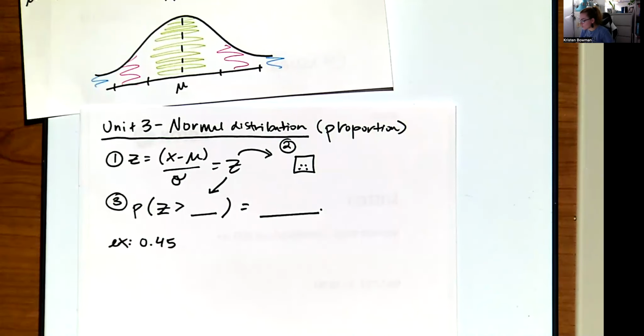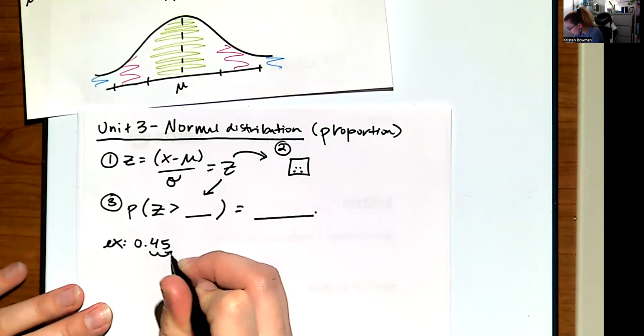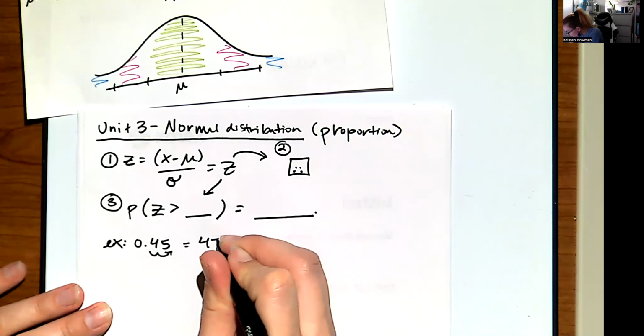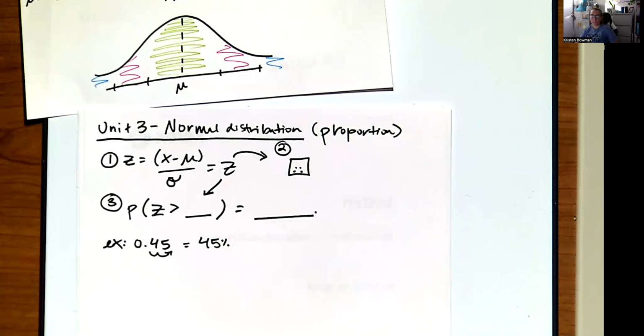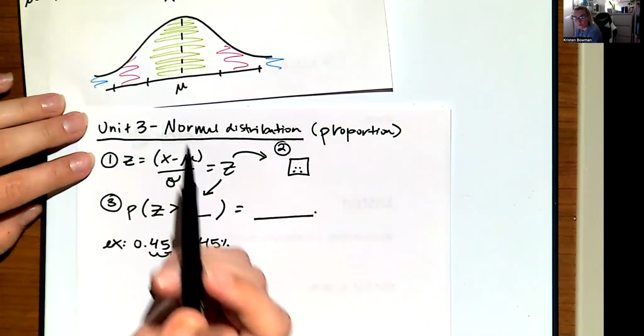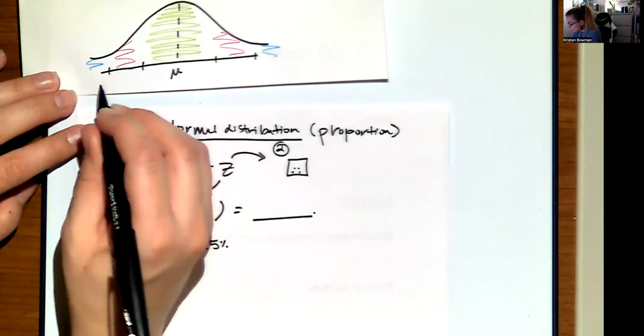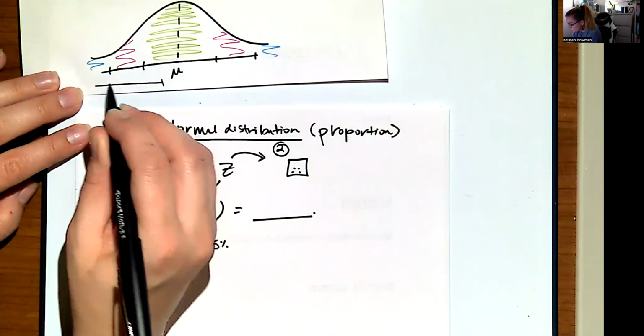Well, what we did during this week is I said, hey, y'all, if you want to, go ahead and move the decimal back twice, and that gives you 45%. So when we're looking at our distribution of scores, we have 45%. 45% of the curve would be about here, almost half of the curve.